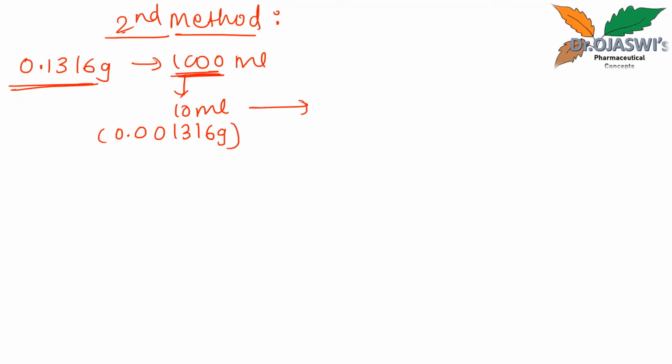Now this 10 ml I am dissolving in 100 ml. I am just diluting it to 100 ml. But in 100 ml the amount of drug remains the same because I am just diluting it, right?